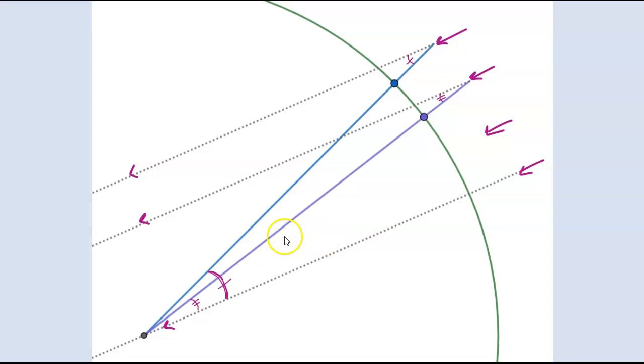But ultimately, the one we want to know is the central angle between these two cities. That's this angle right here. That's the one we're looking for. Well, you can see that these two angles add up to this one.